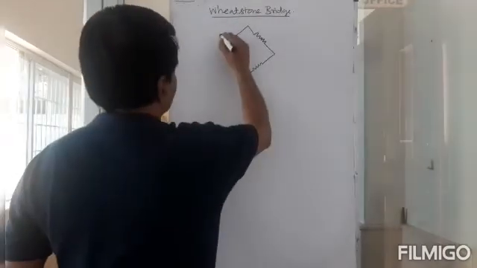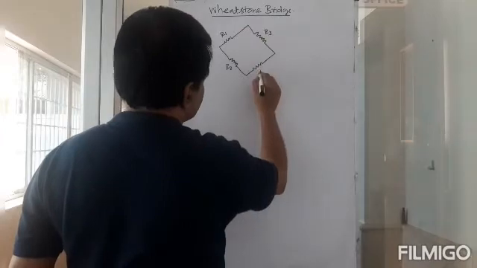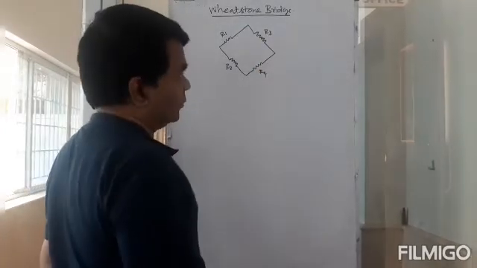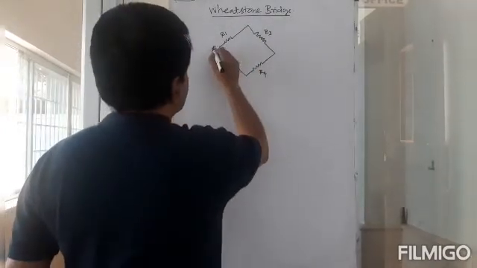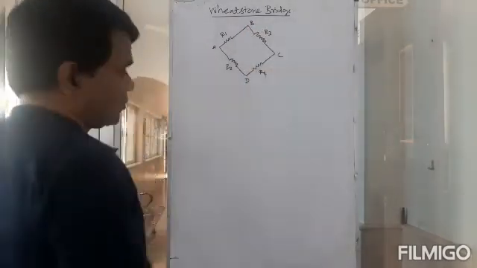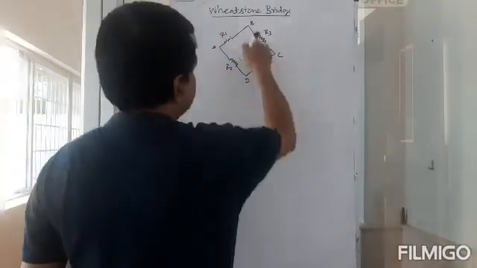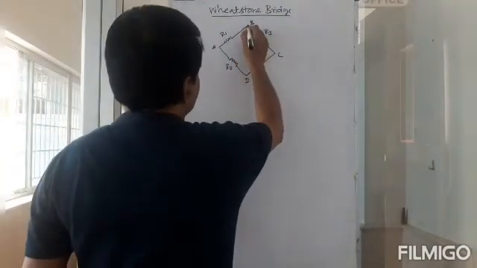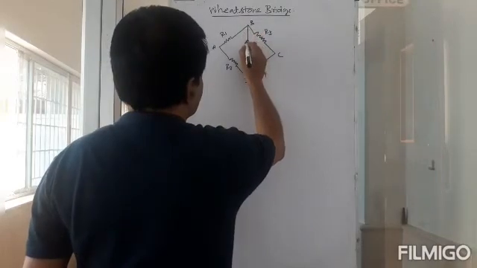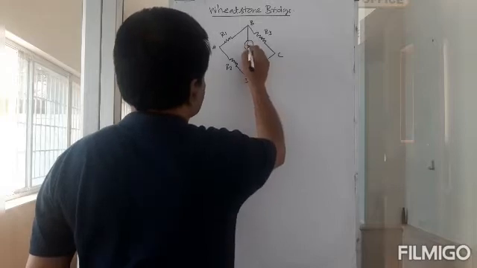I'll call this R1, this is R2, this is R3, and this is R4. This is A, this is B, this is C, this is D. I will also have a galvanometer connected between B and D.